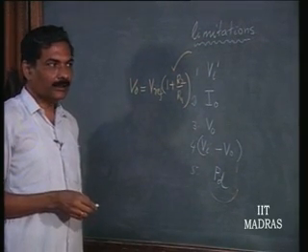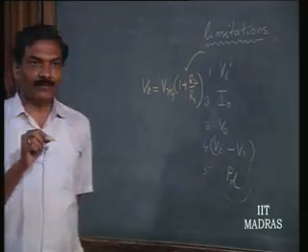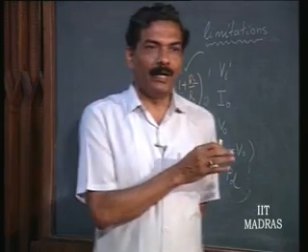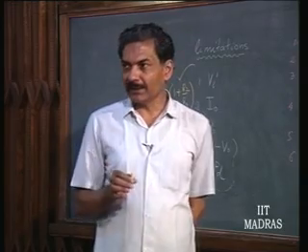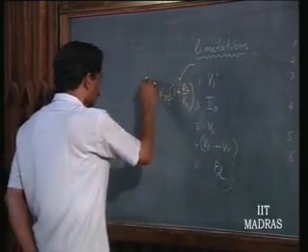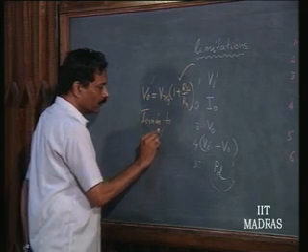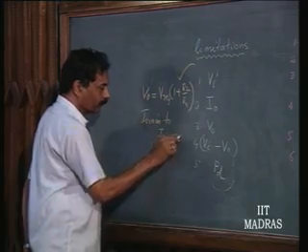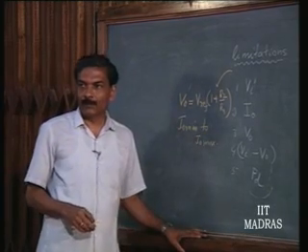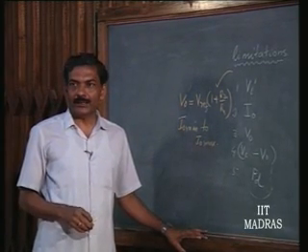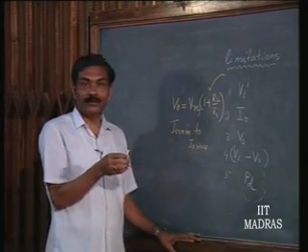So, now the question is, given V naught, because you are going to design it for a certain V naught and a varying value of I naught from I naught minimum to I naught maximum. This is the design thing. So, V naught is given to you, and I naught is going to change from I naught minimum to I naught maximum. In such a situation, we already have a limitation on V in.